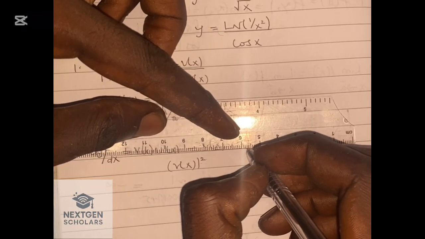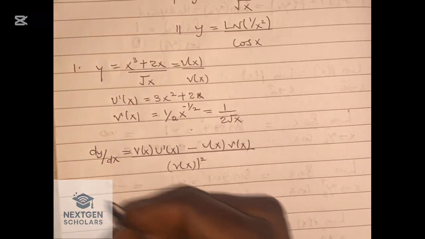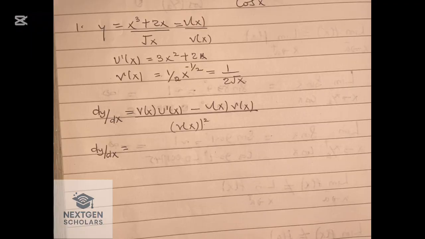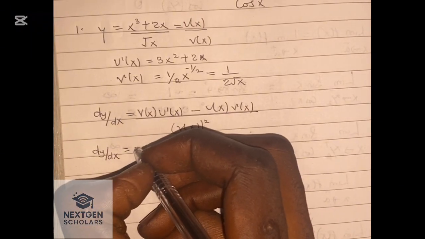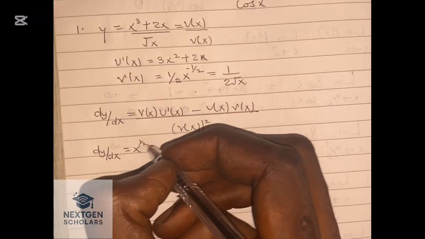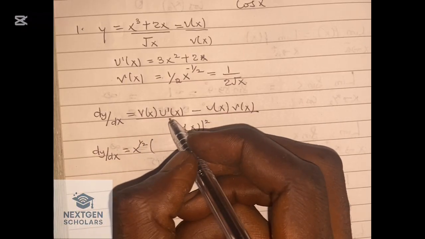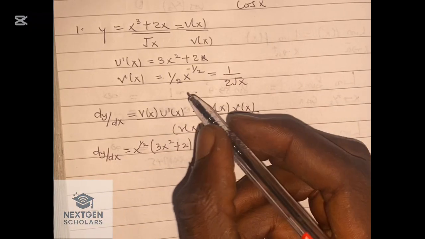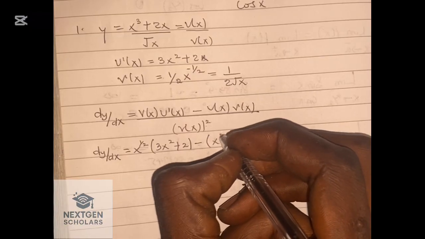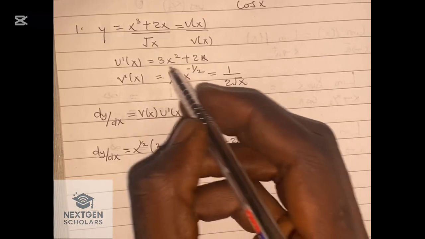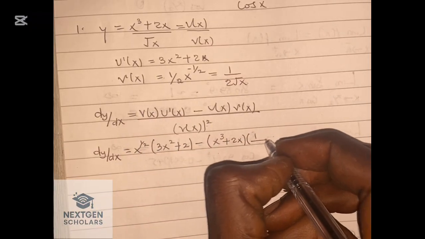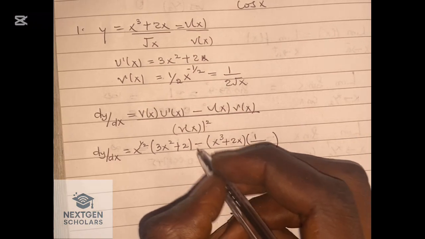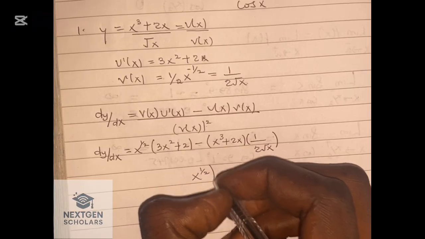So with this we have dy/dx: v of x is the second function, which is x to the power of half, times u prime, which is 3x squared plus 2, minus u of x, which is x cubed plus 2x, times the derivative of v of x, which is 1 over 2 root of x, all over x to the power of half, all squared.